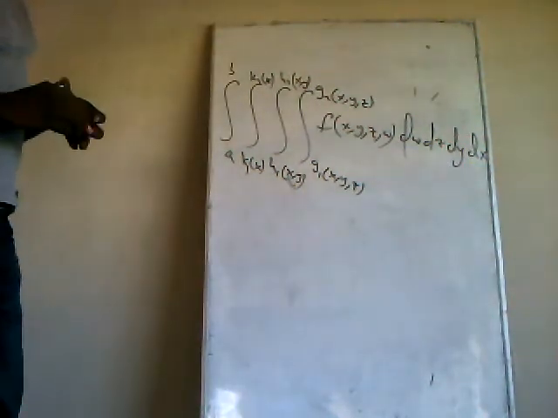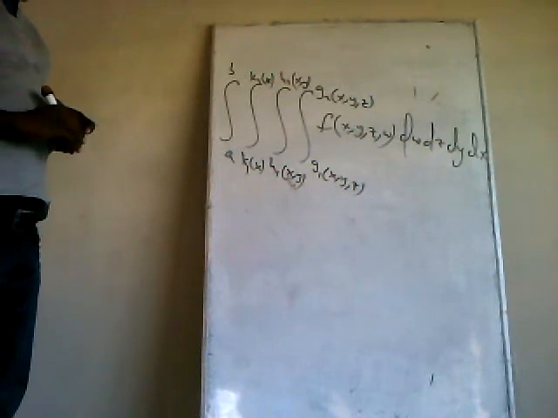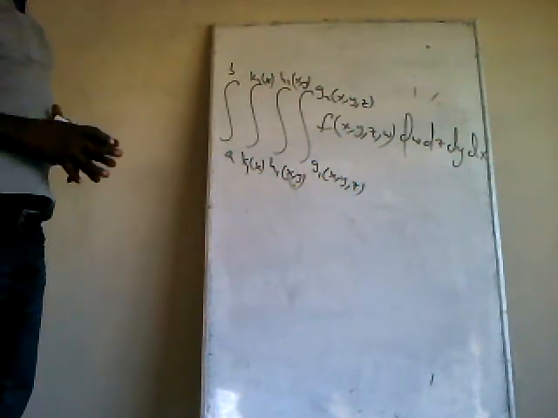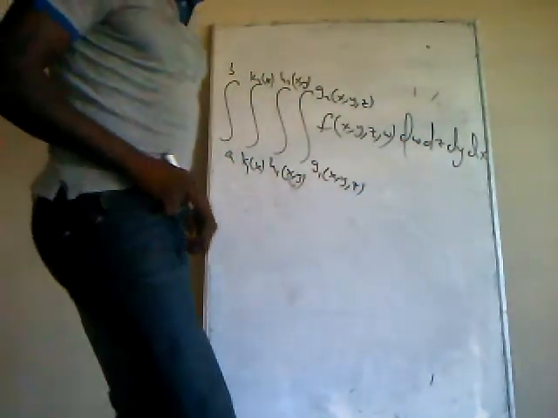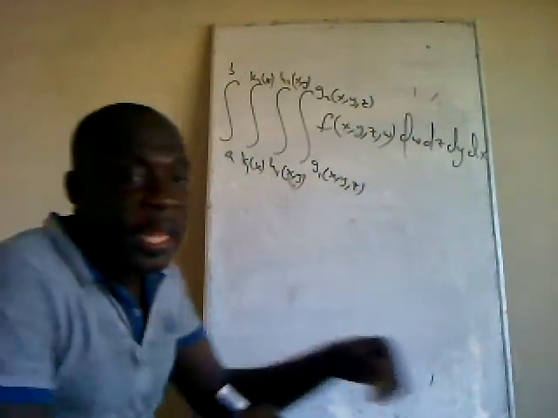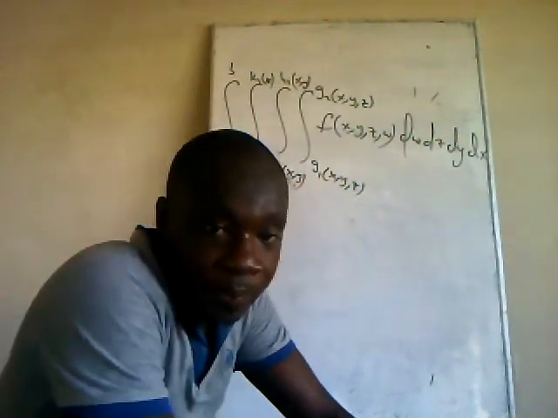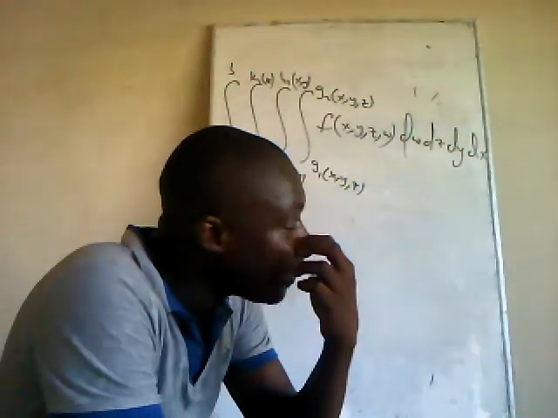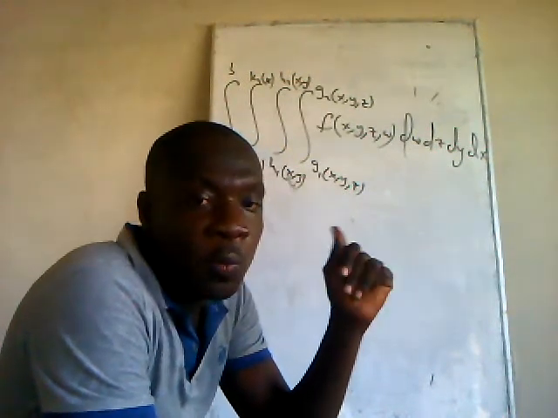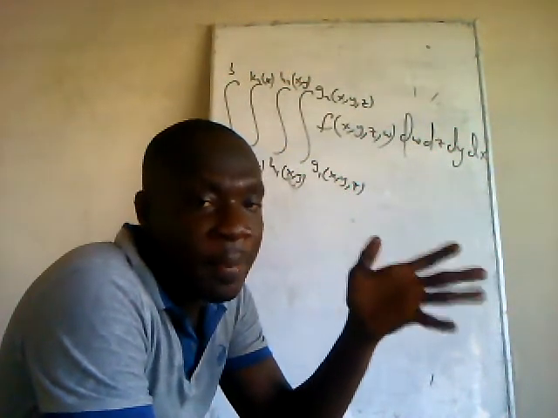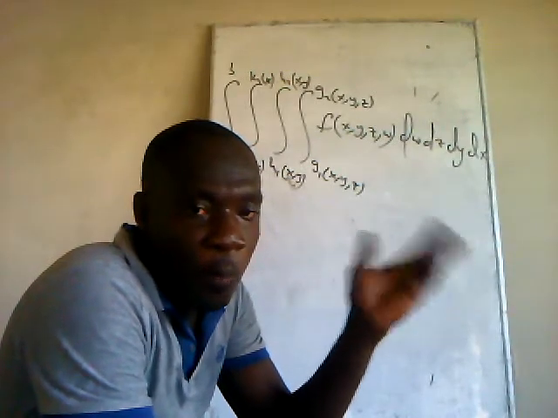You must understand this basic principle before we start to integrate. The problem with multiple integrals is finding the limits, and we are going to see how to find limits of multiple integrals.